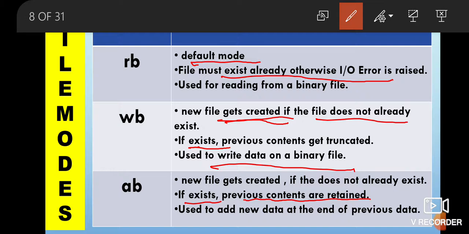So if the file is existing, the contents are retained, but in case the file is not existing, then a new file gets created. Clear? So if not existing, a new file by the name you specified gets created. If existing, then the previous contents are retained and you are allowed to add new data at the end of the previous data.